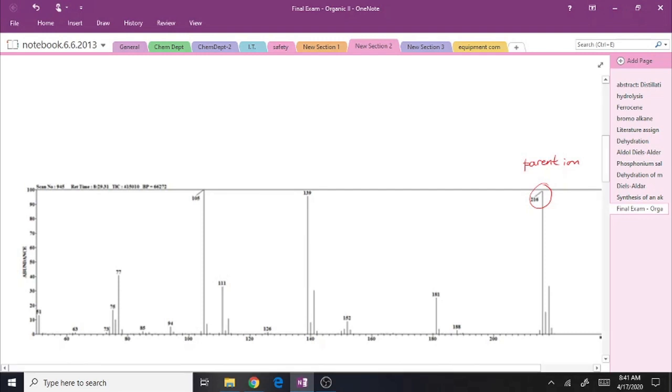In this case, we have our M+, but we also have an M plus 2 peak that is 1/3 the size of our M. This is an indication that this material, whatever it is, has chlorine. So the larger peak is the fragment that has a chlorine 35 on it. The smaller peak is 2 mass units higher because it has chlorine 37.